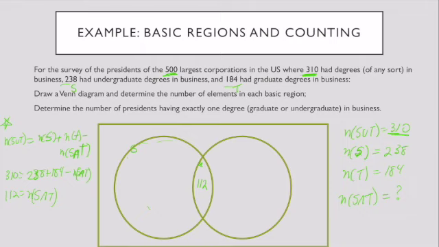In order to find the size of S that's outside the intersection, I have to take 238 minus 112, and that's going to give me 126. So that's how many are in this circle. In order to find the size of T alone, I have to take 184 minus 112.